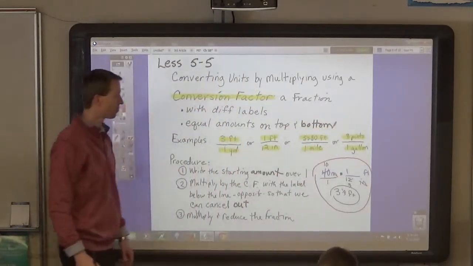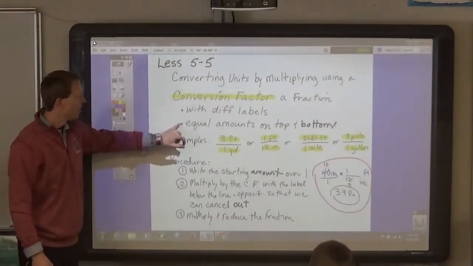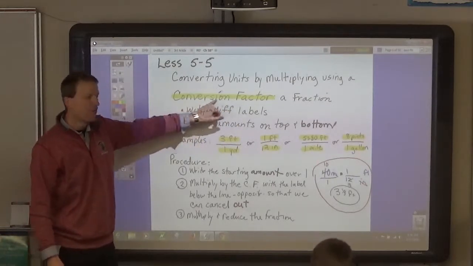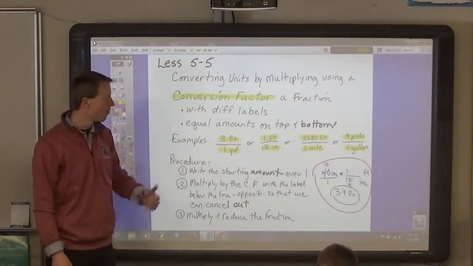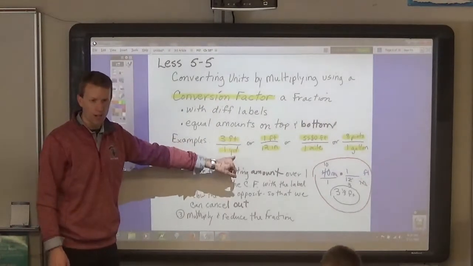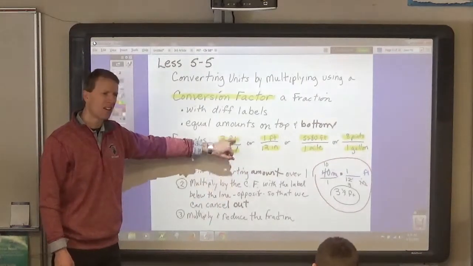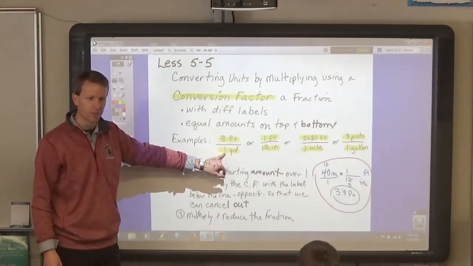So here's how you use this. You need to know a little bit about a conversion factor. They have different labels. One of them will be in feet and the other one in yards, for example. Because feet and yards are related, aren't they? There's 3 feet in 1 yard.